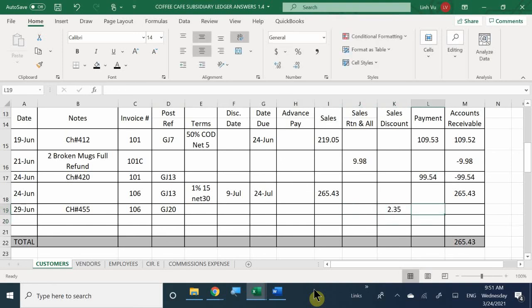We received a check for $263.08. There you go. She now owes us $0.